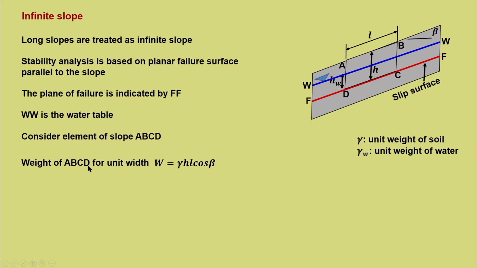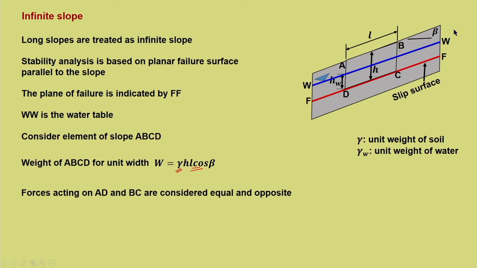So, the weight of ABCD is equal to gamma into H into L cos beta. Now, what is H into L cos beta? This distance H, into this perpendicular distance L cos beta, gives you the area of the parallelogram. So, H into L cos beta gives the area, into 1 gives the volume, and into gamma gives the weight of ABCD.